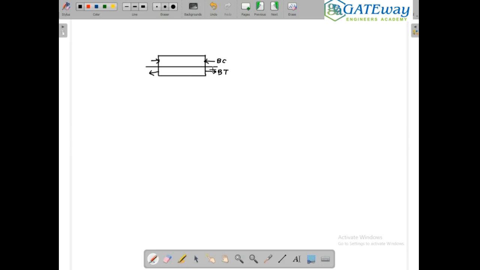We know the concrete is weak in tension, so we have to provide the rod in the tension zone. When there is tension here, a crack will develop in this direction. So in order to arrest this crack, the rod is placed in the tensile zone. Now the tensile stress is taken by the rod.